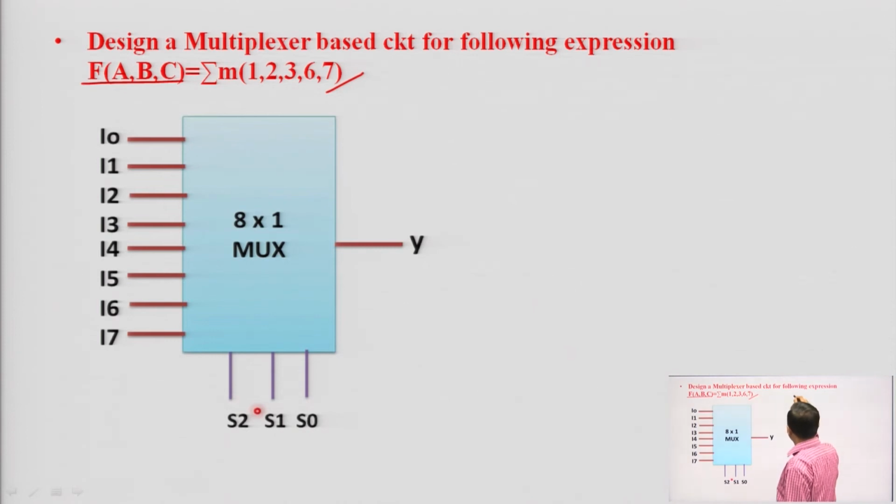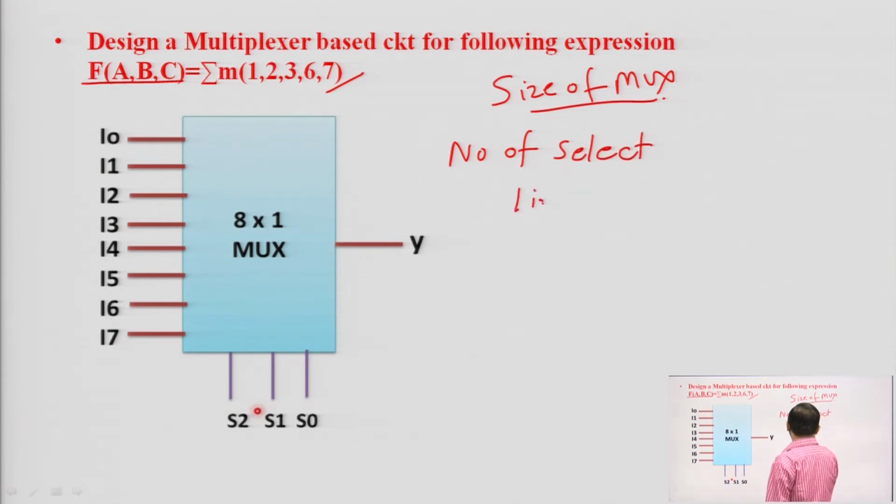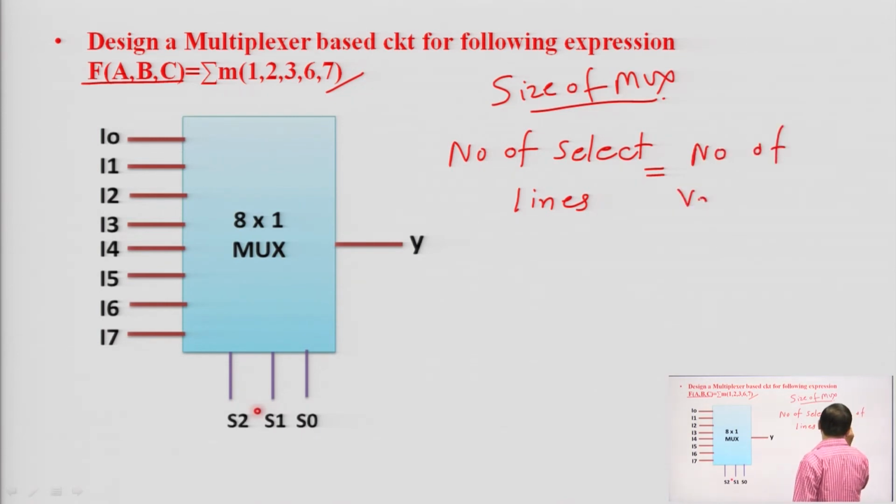First of all, we have to check the size of the mux, and for that we follow a formula. This is a very important formula: the number of select lines will be the number of variables.